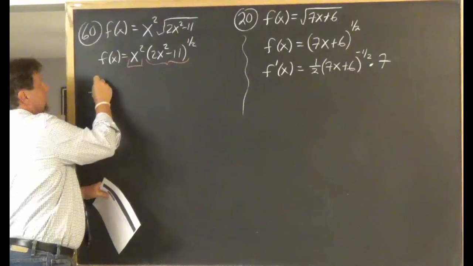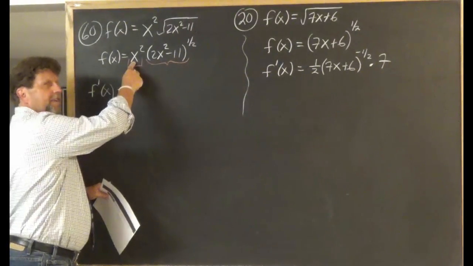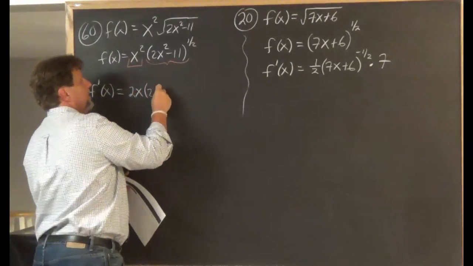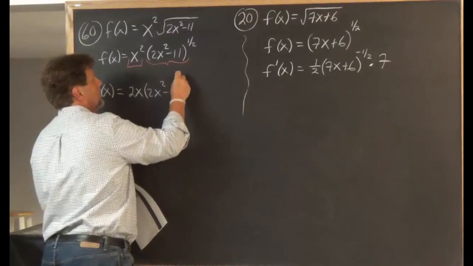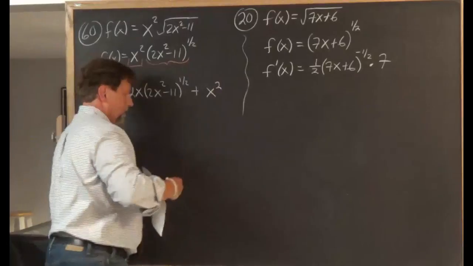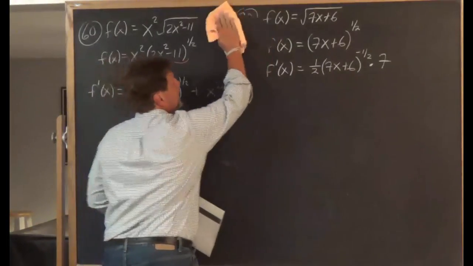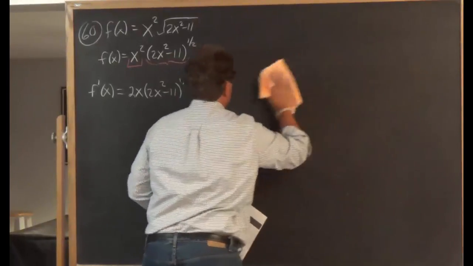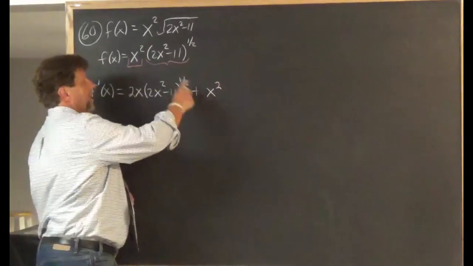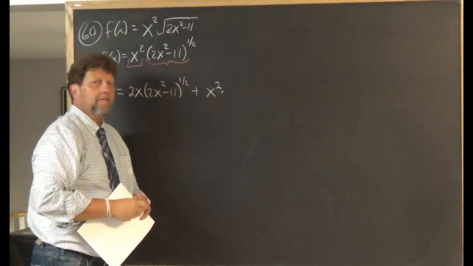The product rule says derivative of the first function times the second function plus the first function, and better give myself a little bit more space here, times, so we have the first function times, okay, now the derivative of the second function.